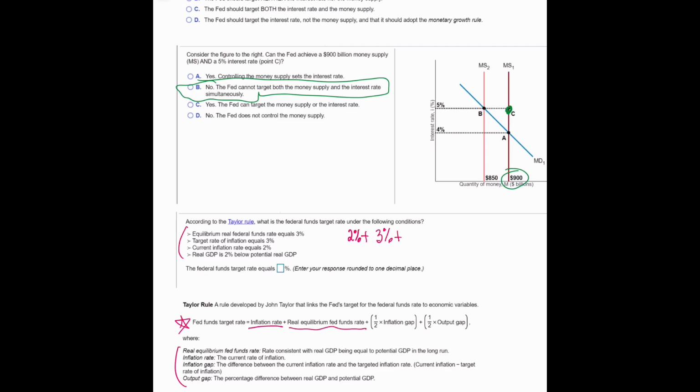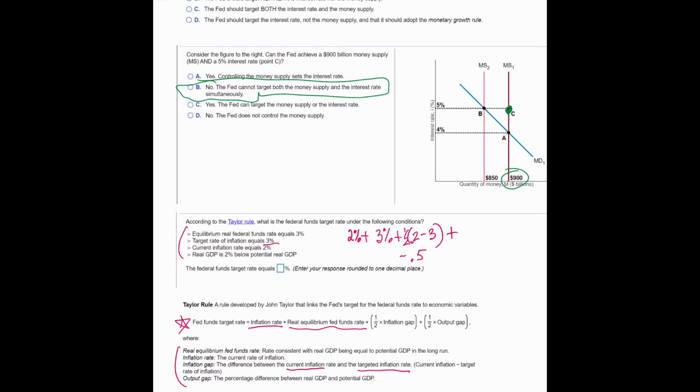Now the inflation gap is the difference between current inflation and targeted inflation. So in this case, it's going to be 1/2 of current inflation, which is 2%, minus target inflation, which is given here as 3%. So that's going to be a negative 0.5, 1/2 of that.